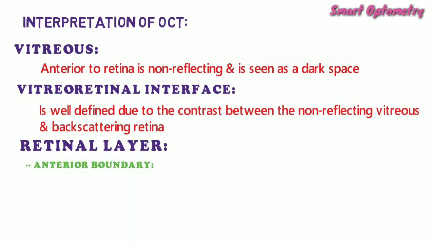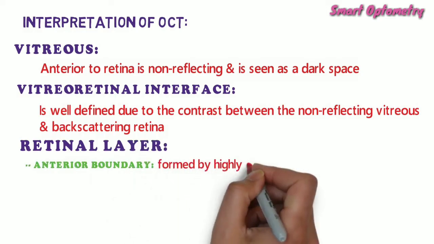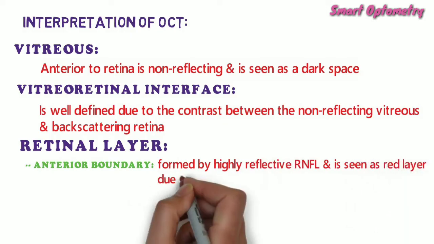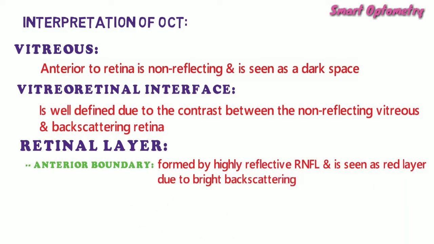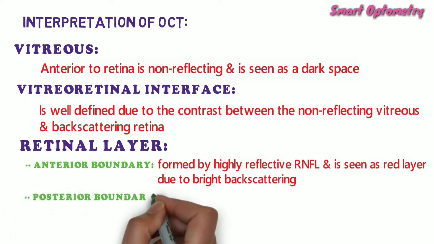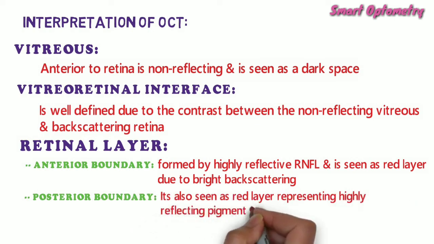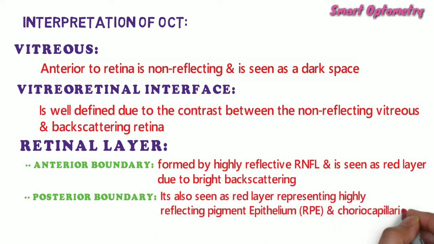Anterior boundary formed by highly reflective RNFL and is seen as red layer due to bright backscattering. Posterior boundary. It's also seen as red layer representing highly reflecting pigment epithelium and choriocapillaris.